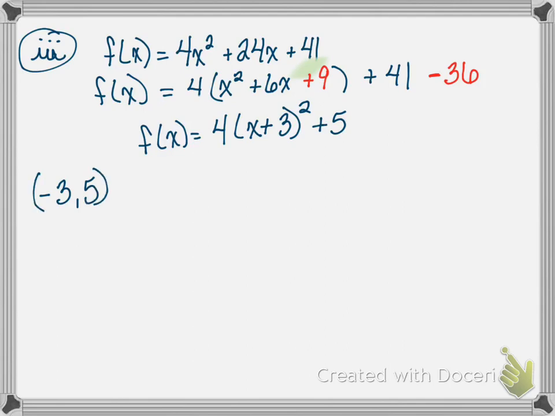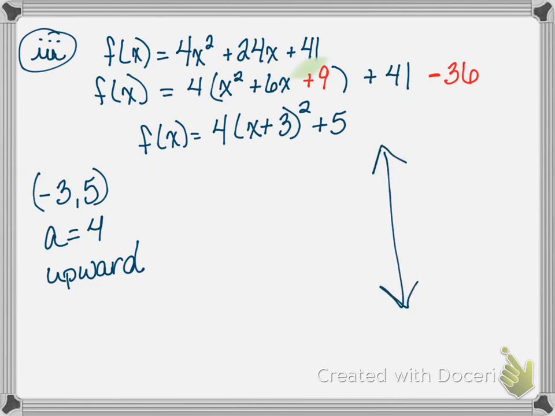That's my vertex. I am stretching by a factor of 4. So my A value here is 4. It is still going upward because my A value is positive. That's why it opens upward. And let's graph it.